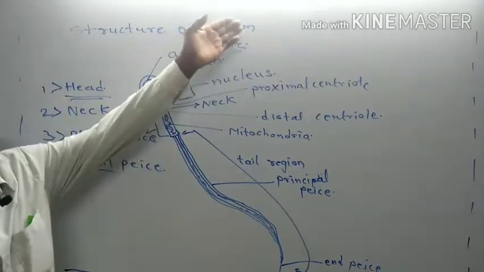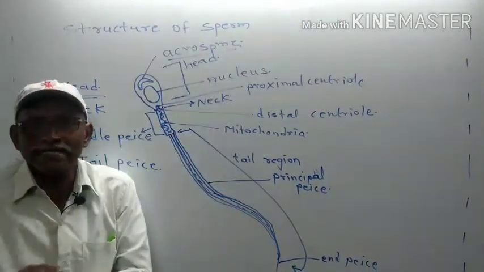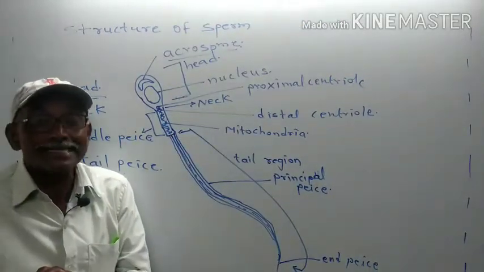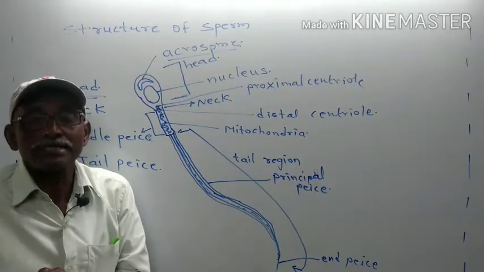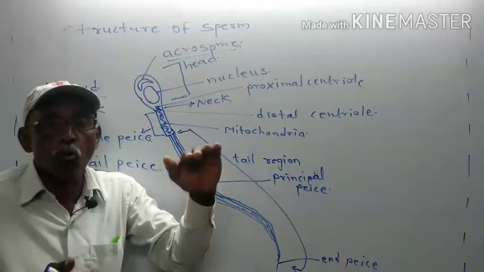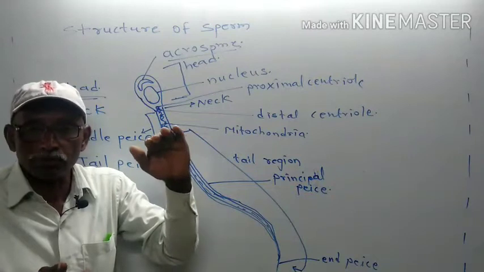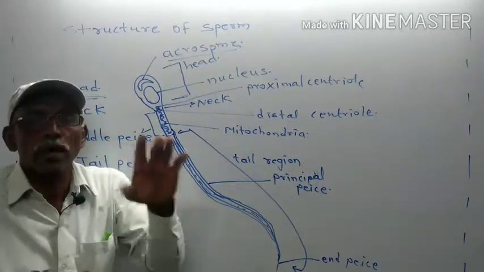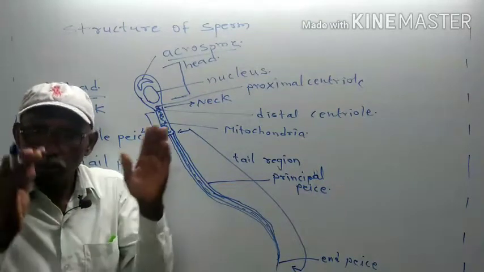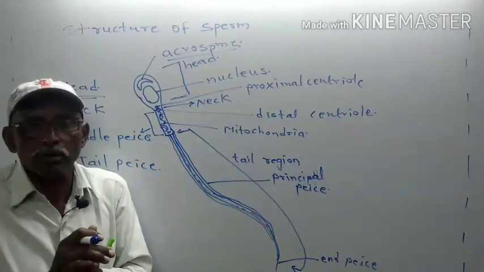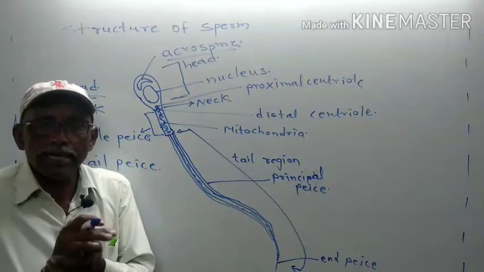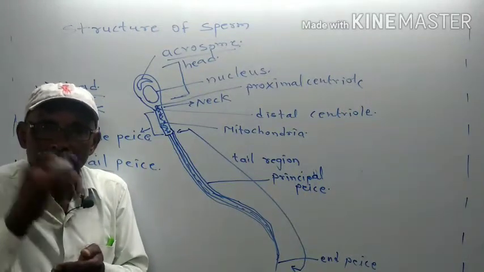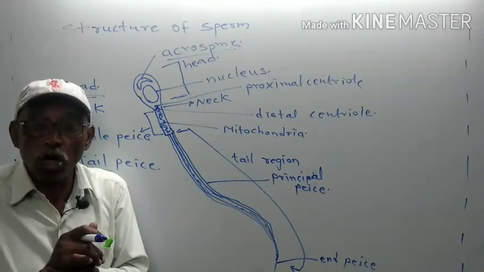Suppose we take the hydrolytic enzyme hyaluronidase. It dissolves the wall of the ovum, that is the corona radiata. First of all, on the outside of the ovum there is a layer of corona radiata, and this wall is dissolved.